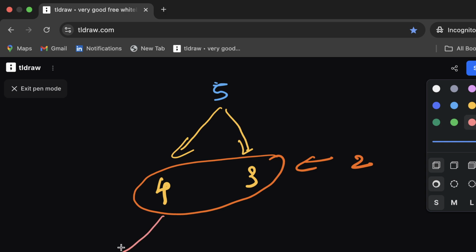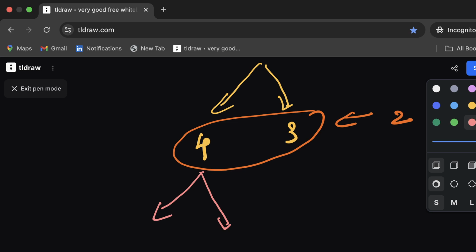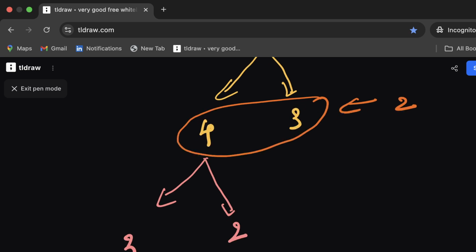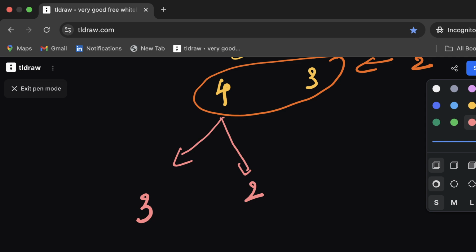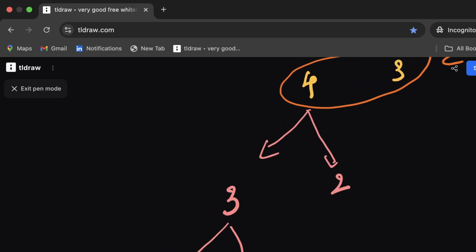As I further go down, similarly for 4, again I'm going to break this into the previous two, which is 3 and 2. So the more breaks I do, we need to do it for both.